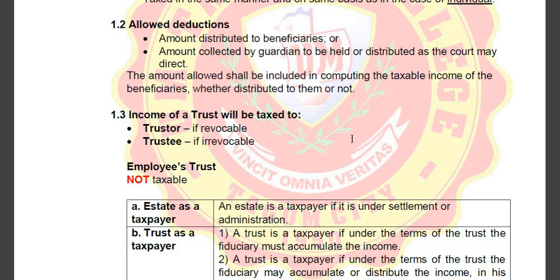Now, if the trust agreement is irrevocable, meaning the ownership of the property under trust will not revert to the trustor, then the income of such trust is taxed to the trustee or the administrator of the trust or of the property under trust.